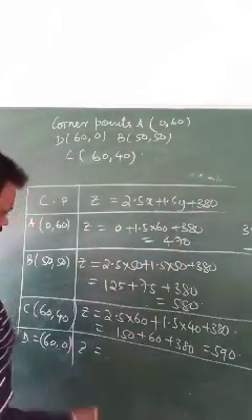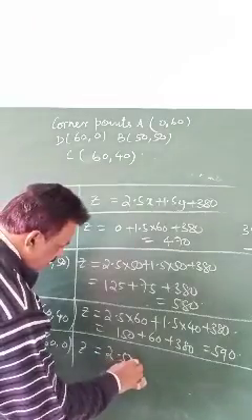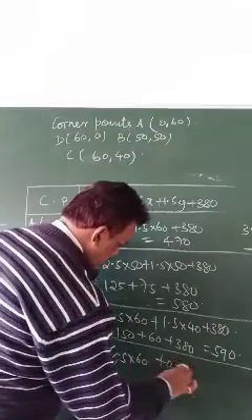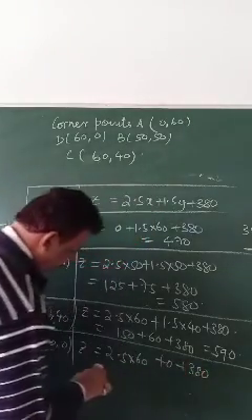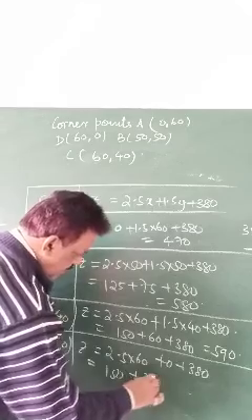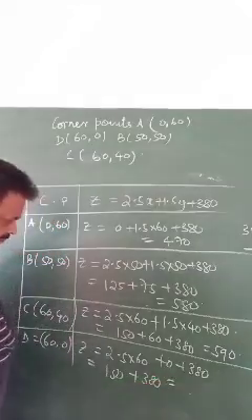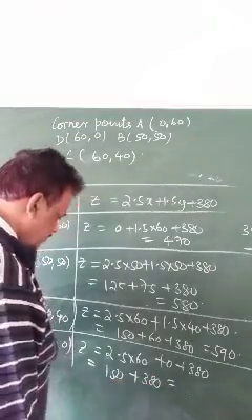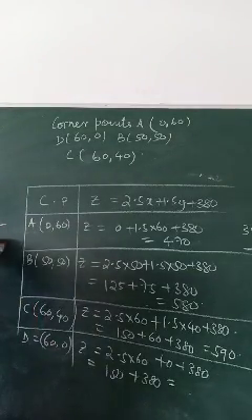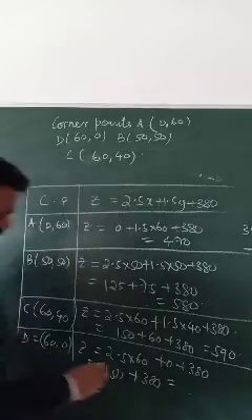Anyhow, 2.5 into 60 plus 0 plus 380. 150 plus 380 gives you 530.